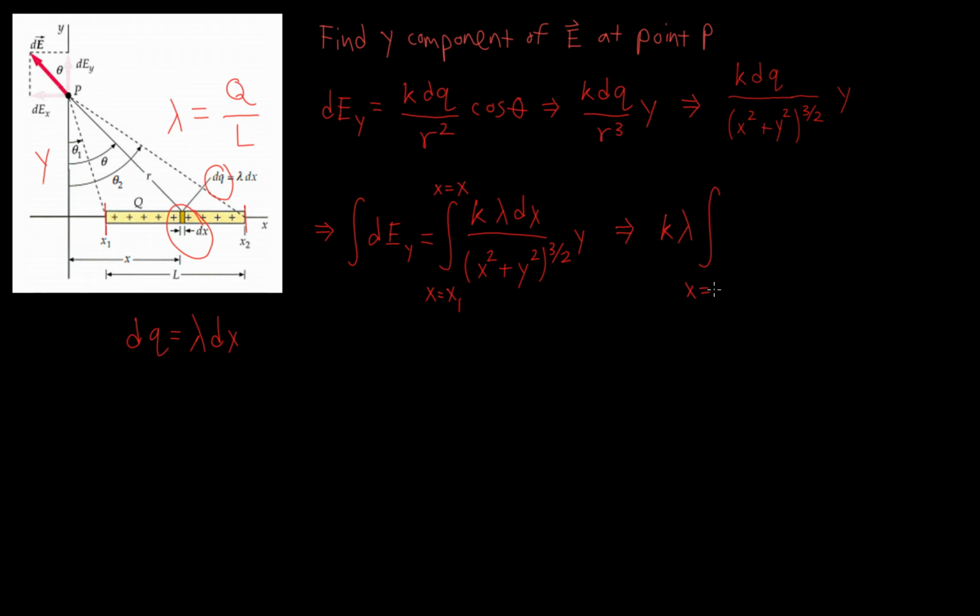And so we can rewrite that as k times lambda, and then the integral from x equals x1, and remember, x1 is the point at which the line segment starts, all the way to x equals x2. And x2 is the point at which the line segment stops, or the final coordinate of the line charge.